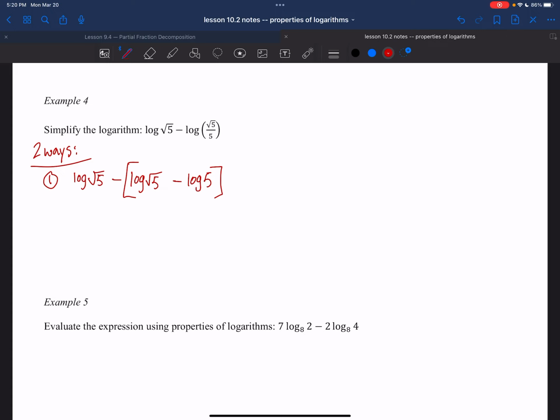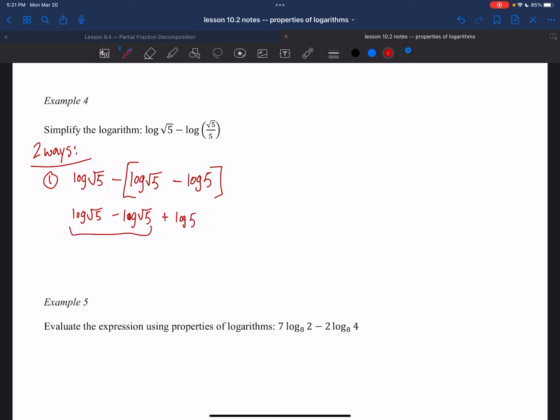But I got to put parentheses or brackets. I use brackets here just because it's a bigger expression. You use parentheses, brackets, I don't care. And that's just using quotient rule right there. Now, if you distribute that negative, I get log of root 5 minus log of root 5 plus log of 5.